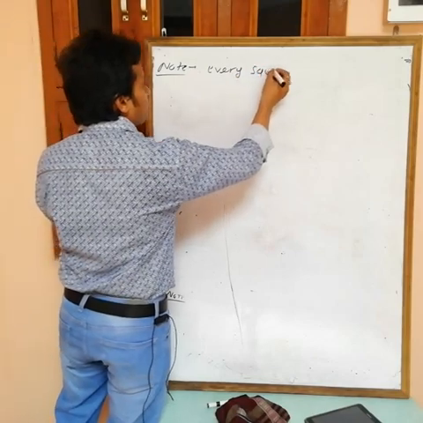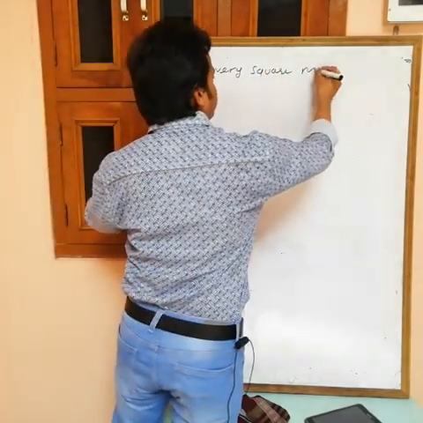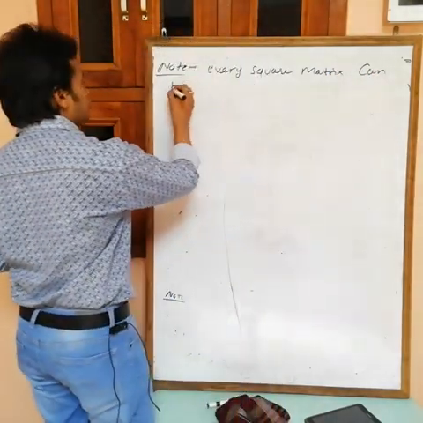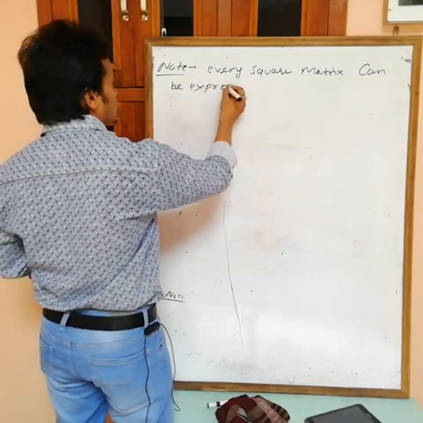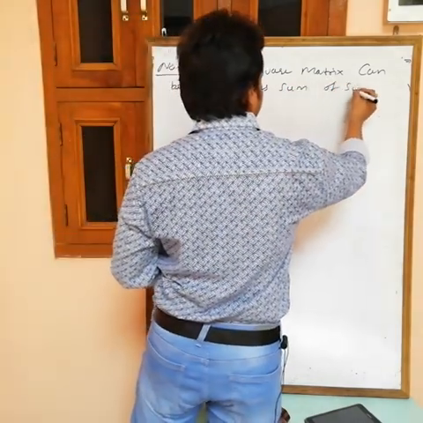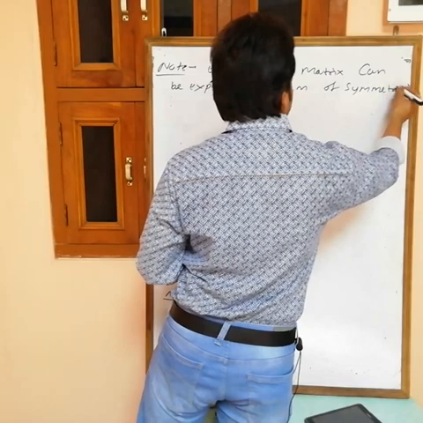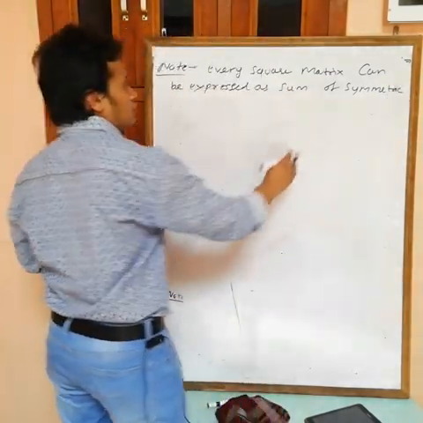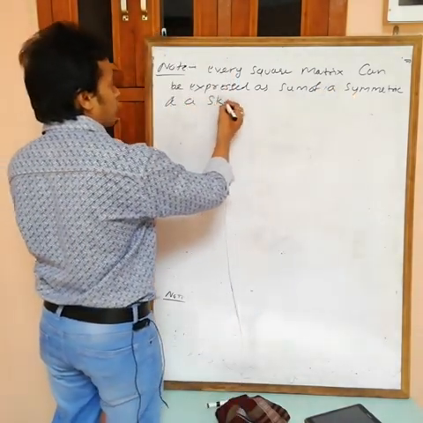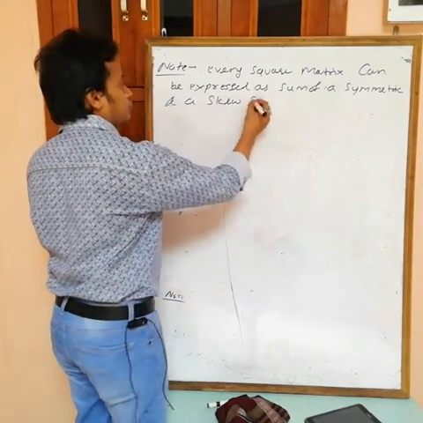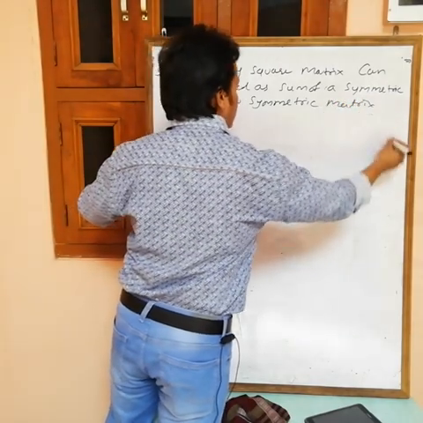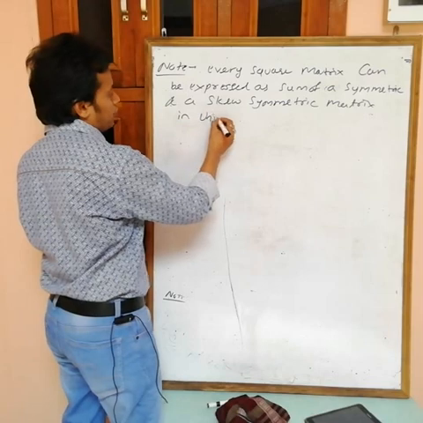Every square matrix can be expressed as the sum of a symmetric and a skew symmetric matrix in a unique way.